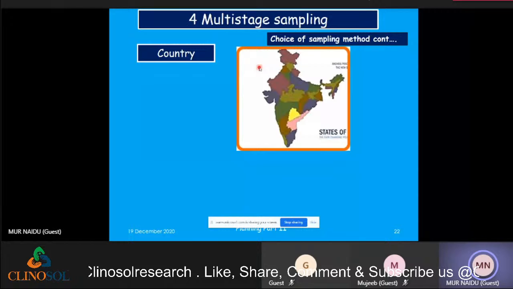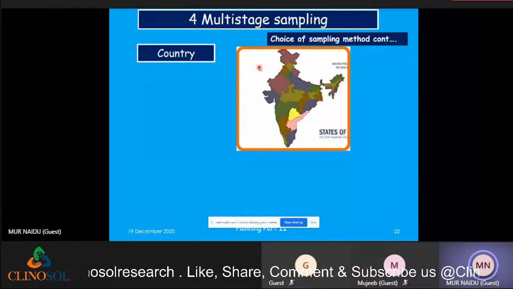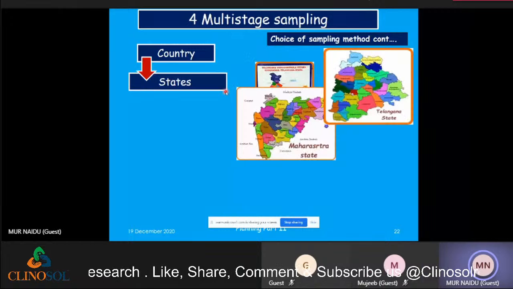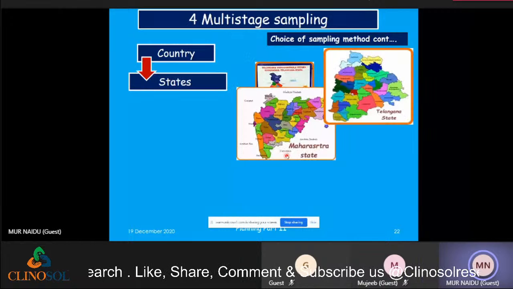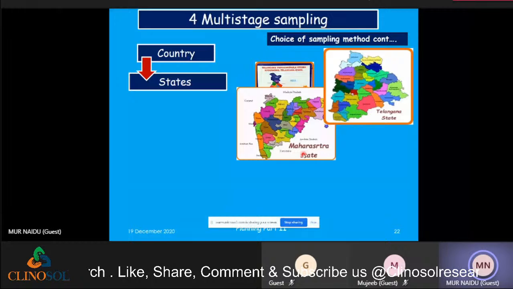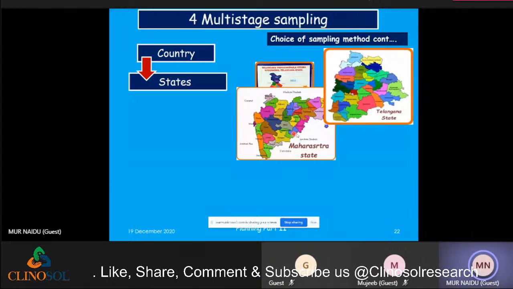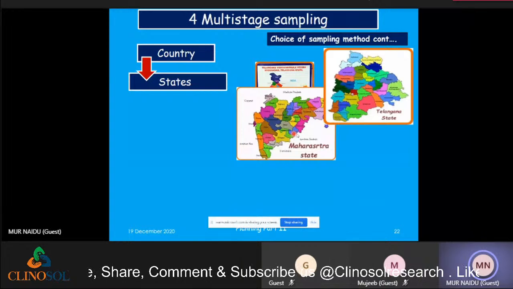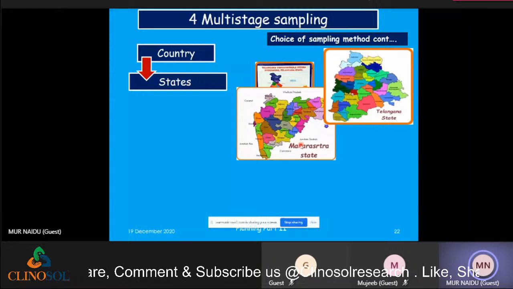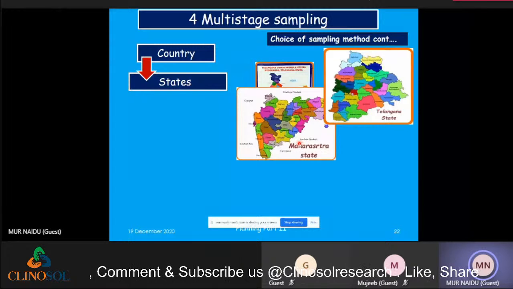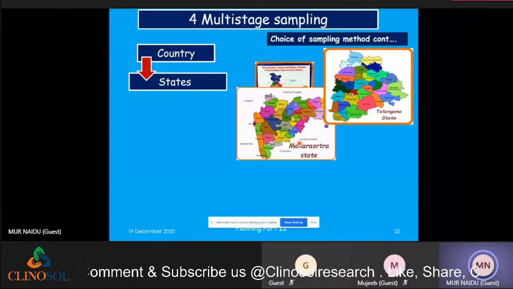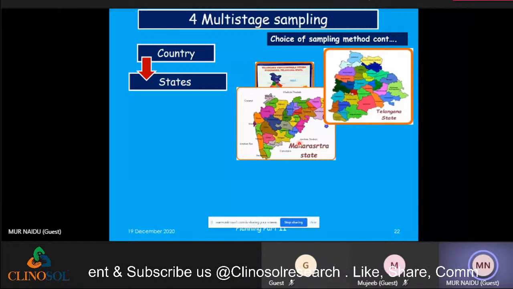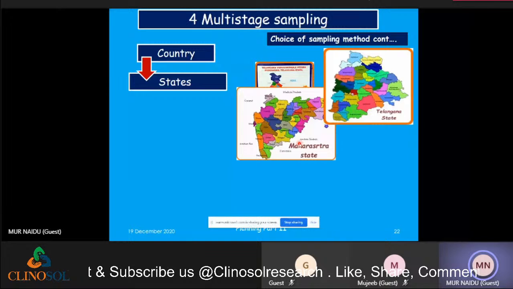Then what is the next stage? I have to select states. So I have selected the country and two states. I want to do a study about diabetes in India, and I selected Telangana and Maharashtra. That is the second stage. The third stage is that I cannot do the entire Telangana or entire Maharashtra, so I select a district.